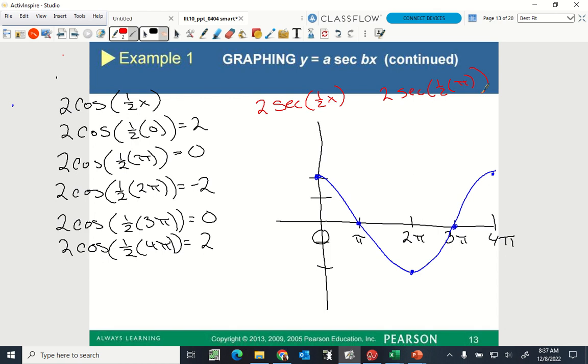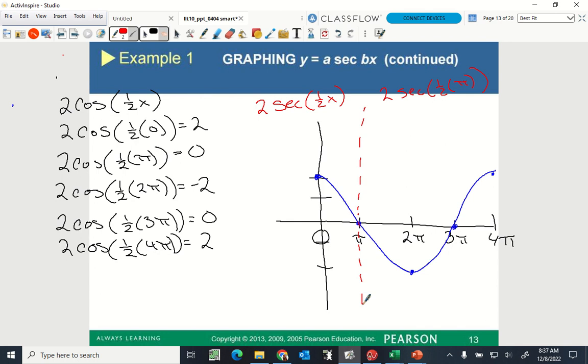So I take 0 over 1, and what do I do? Flip it over. Then it becomes 1 over 0, isn't it? Can I divide by 0? No. I cannot divide by 0. That is undefined there. And so if you want to plug in the calculator, you could actually see what happens there. It says undefined. So right there, we're going to get an asymptote.